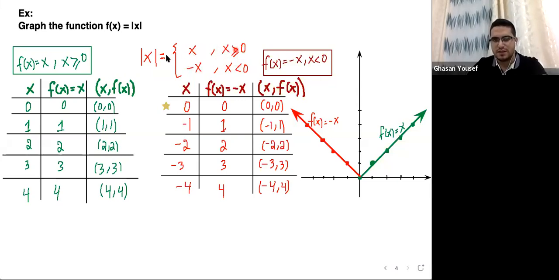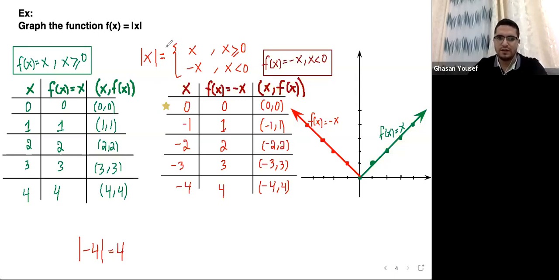So x when x is greater than 0, this is the green one, minus x when x is less than 0. So the question is why I put minus x? Because the absolute value changes negative numbers to positive. I mean, the absolute value of minus 4 is 4.